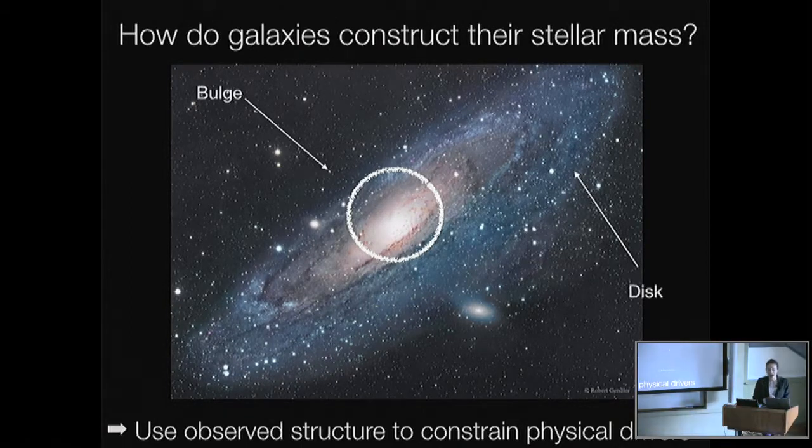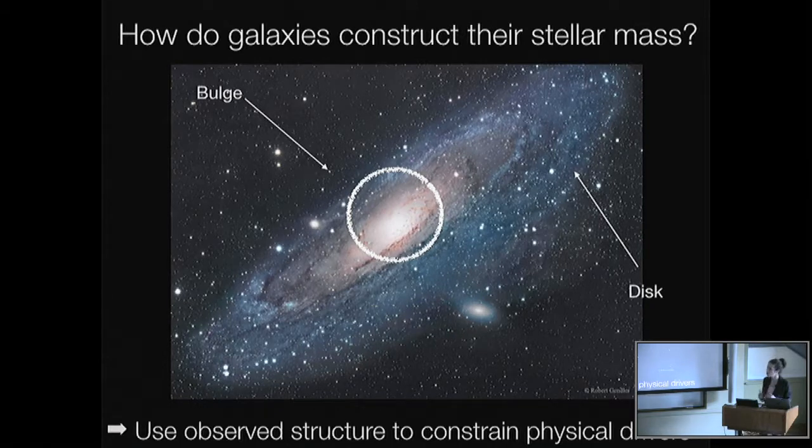Okay, so one of the fundamental questions that we are trying to answer in understanding galaxy formation and evolution is how did galaxies construct their stellar mass? How, over the course of cosmic history, did galaxies assemble the billions of stars that make them up? One of the key ways that we can understand the physical processes driving the evolution of galaxies is by looking at the structures in galaxies.